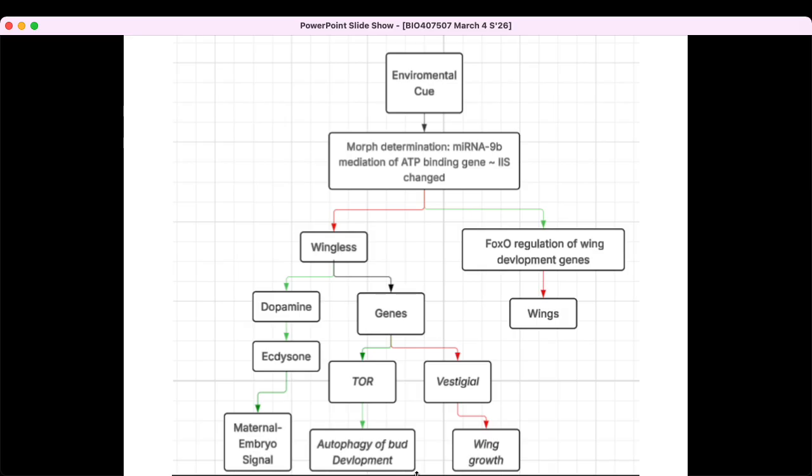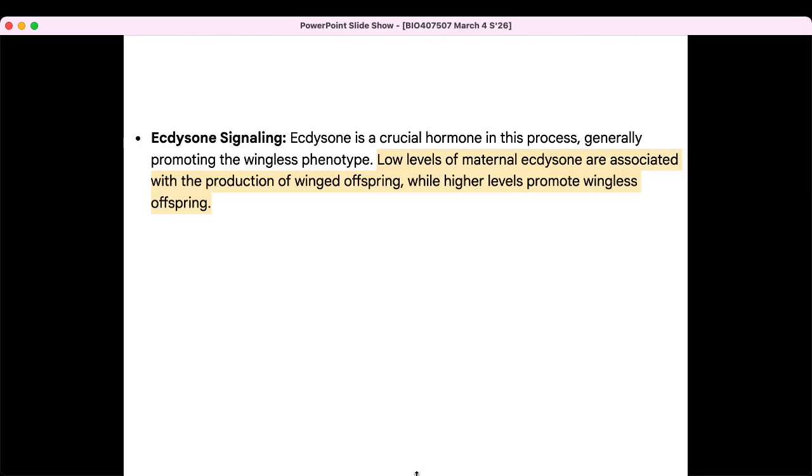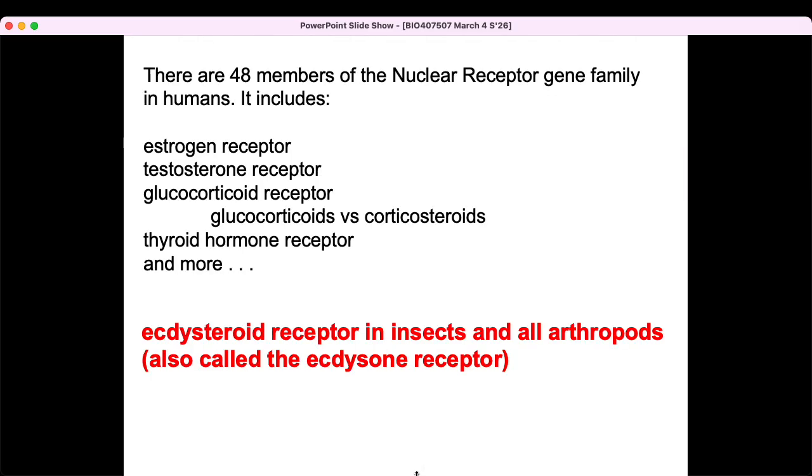It turns out that I study insects, so I want to talk about an example of this in the research that I have done. We're talking about that nuclear receptor gene family, not in vertebrates, but in an invertebrate, in all arthropods.